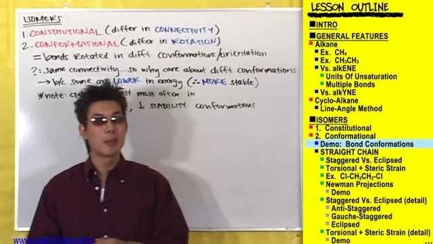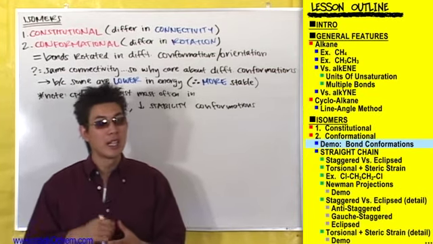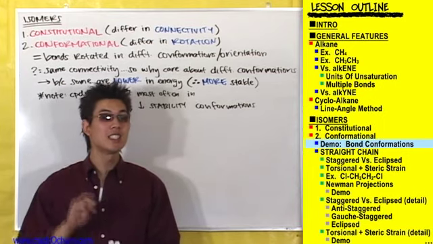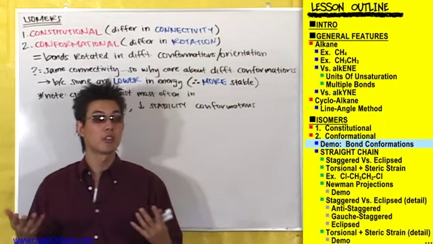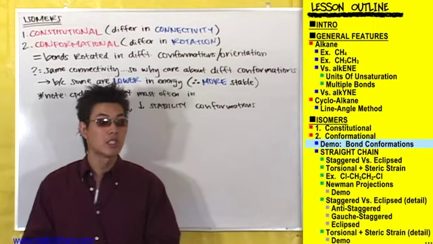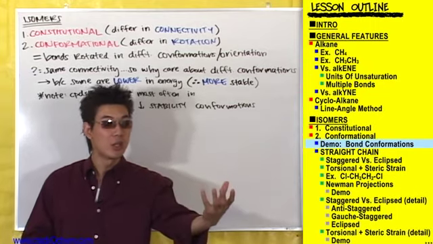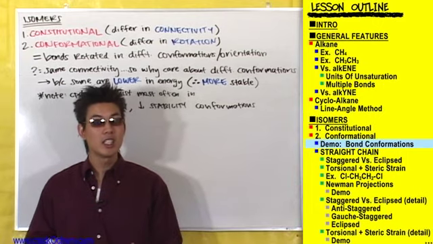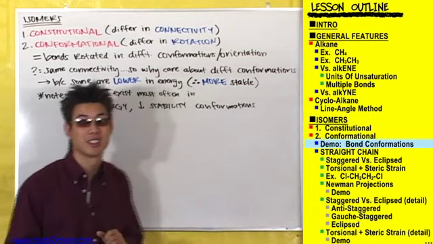So hey, let's look at some examples of conformational isomers now. And let me just tell you that there are two main situations where you'll be dealing with conformational isomers. One is with straight chain alkanes, straight chain compounds, and the other is with ring cycloalkanes, okay? So let's go ahead and talk about straight chain alkanes first.